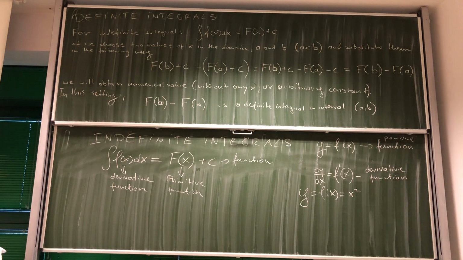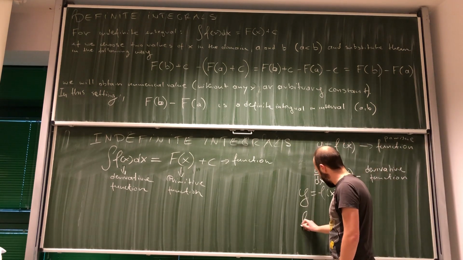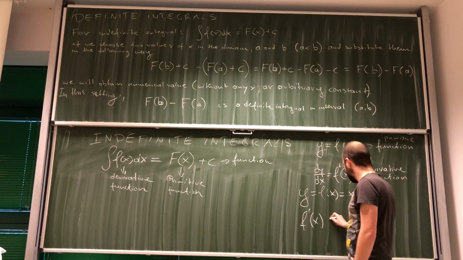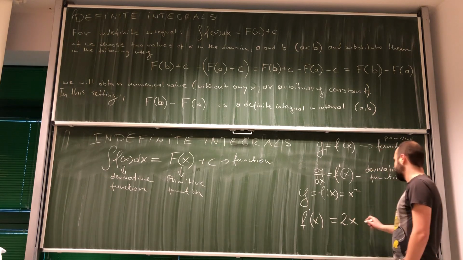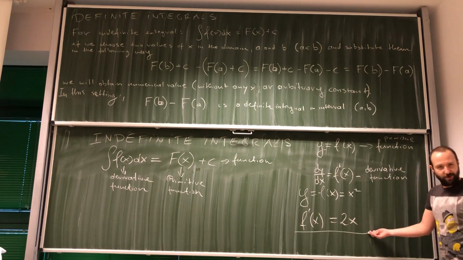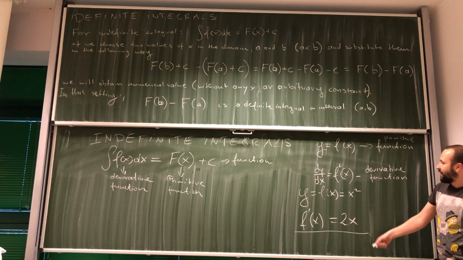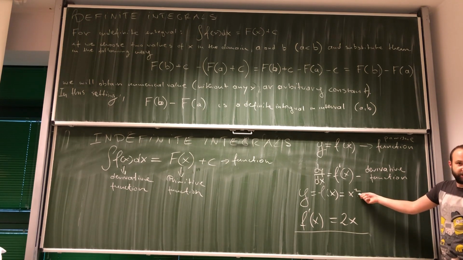Now, if I'm calculating the derivative of this function, so f prime of x, I'm getting that this is equal to 2x. This is a derived function. So this function that we see over here is actually showing us the slope of this function at any point.